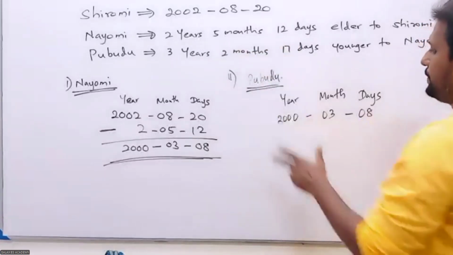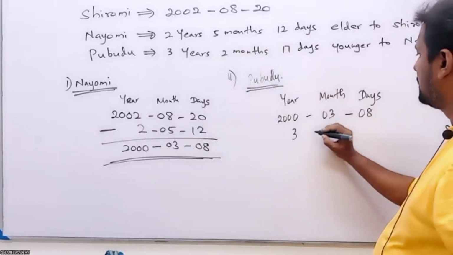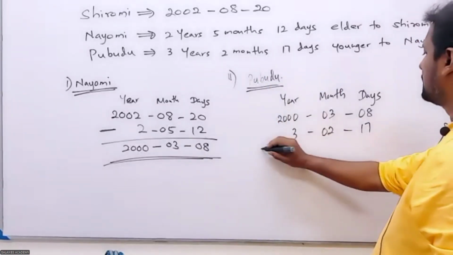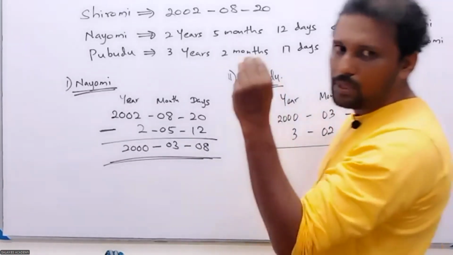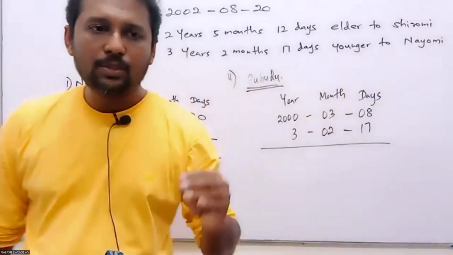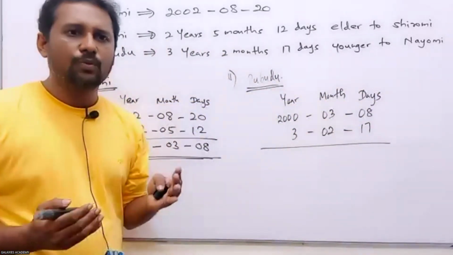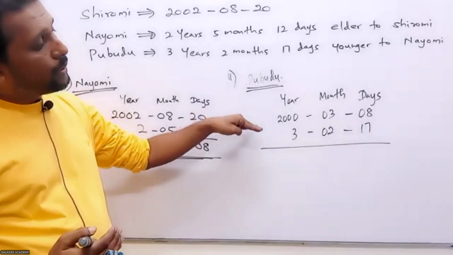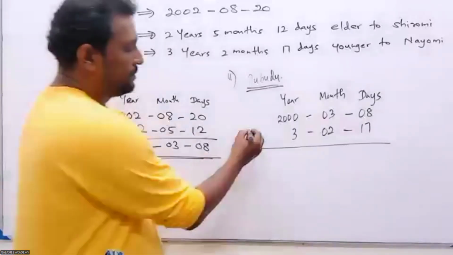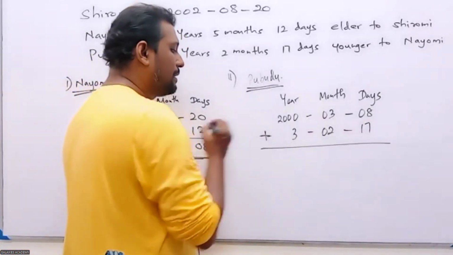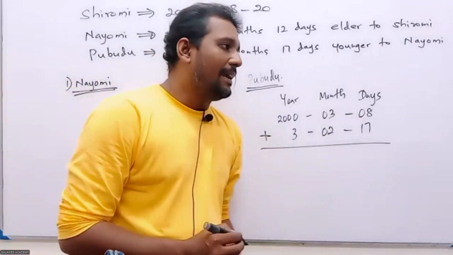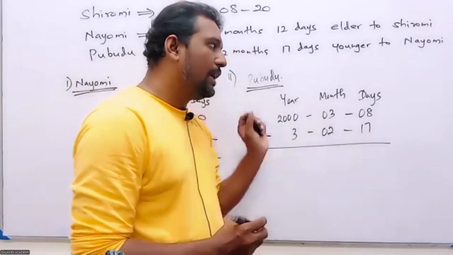This gap, 3 years, 2 months, and 17 days, what do we have to do? You have to add, no? Because you want to find a date after the year 2000, right? A date after this much time has passed. So you can add 8 plus 17, 25.